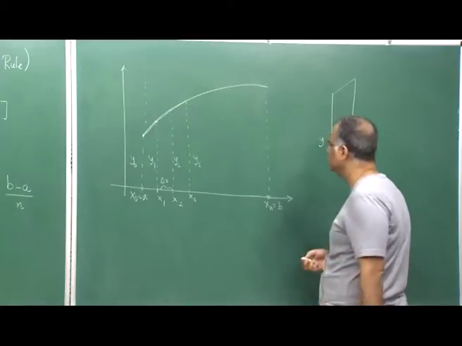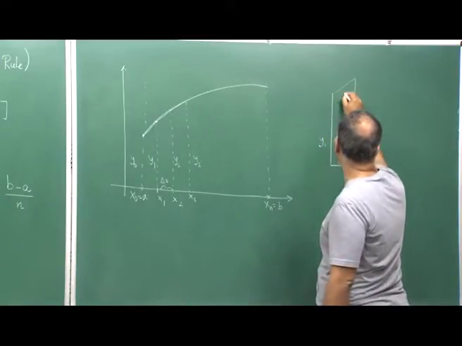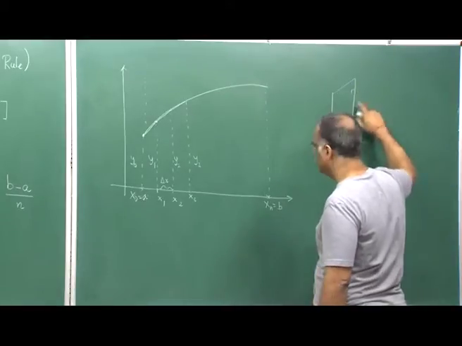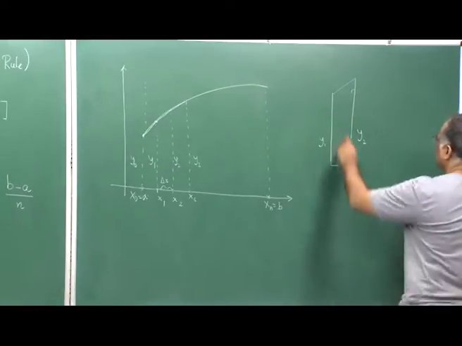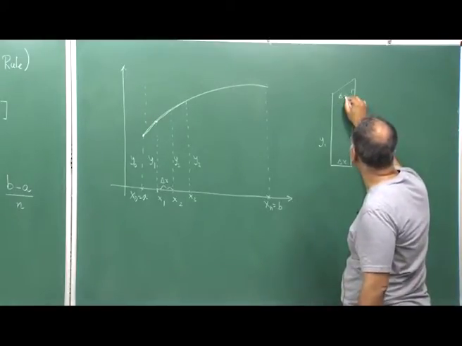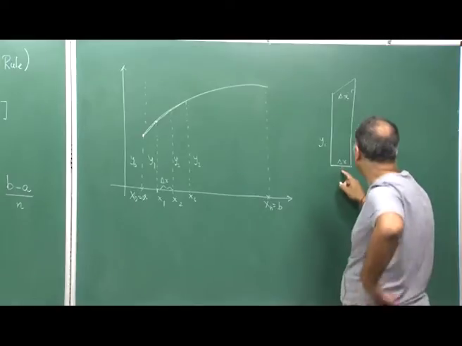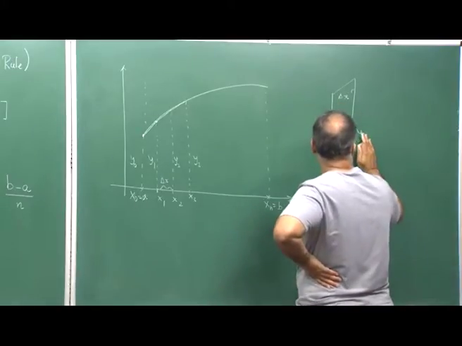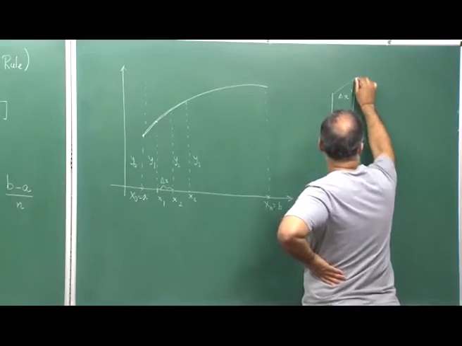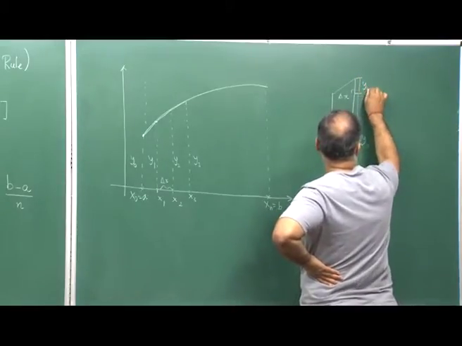So, what is the area? Let us draw a perpendicular here. So, this part will be the same as y1, because now it becomes a rectangle, and this part becomes the same as delta x. So, this part is now y1 and this part is y2 minus y1.